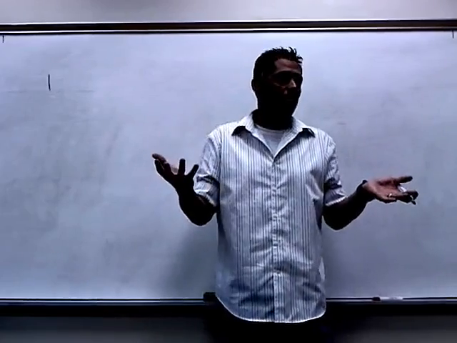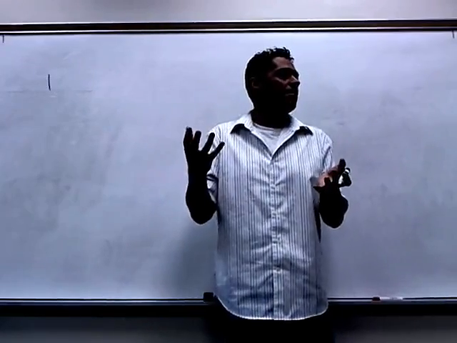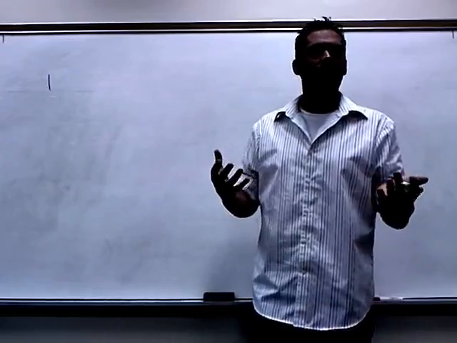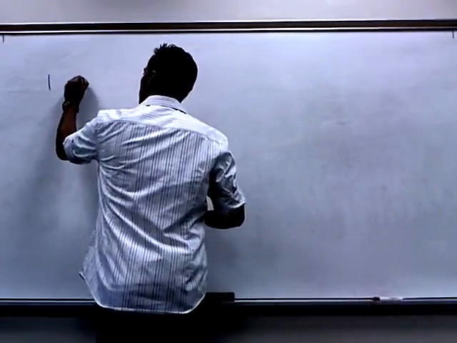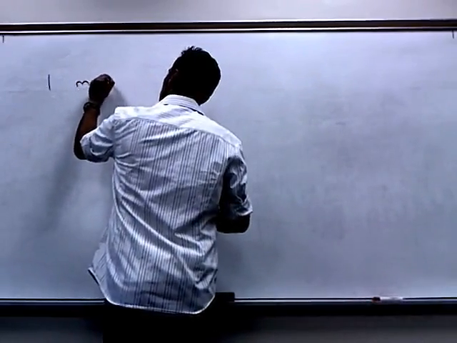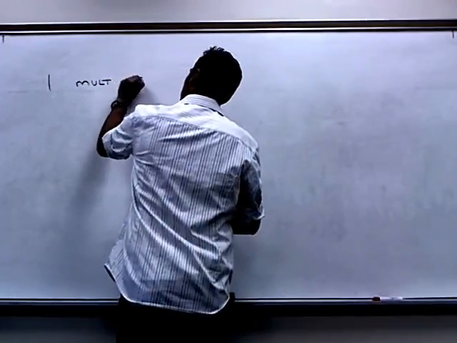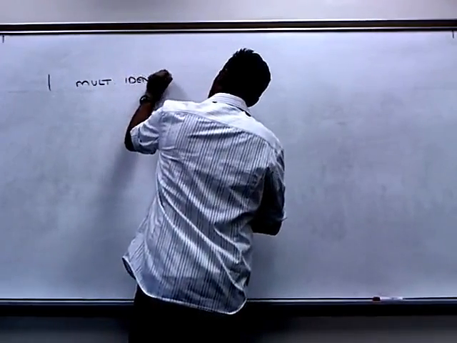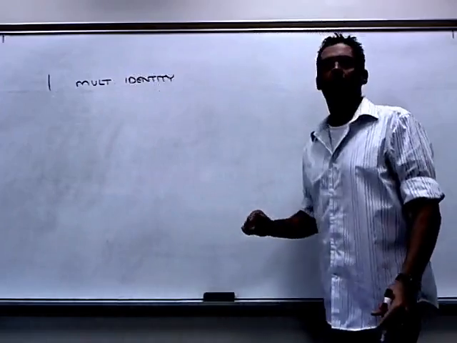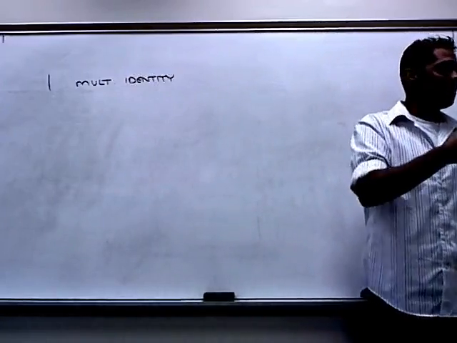So it's not changing the problem, it's still maintaining what it is, it just makes it look different, right? So 1 is what's called the multiplicative identity. Very, very important property of the number 1. 1 times anything is itself, right?